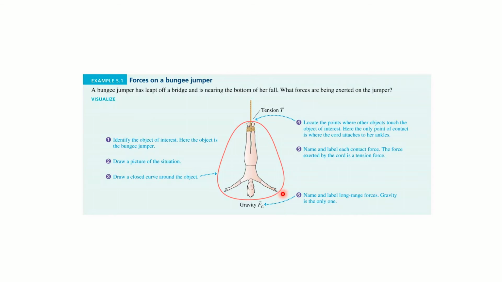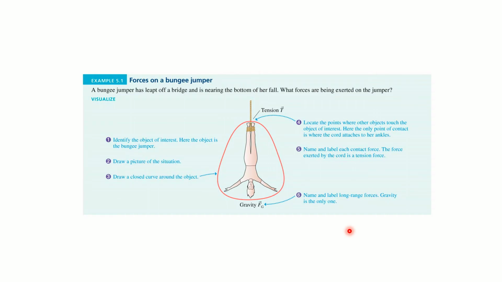So using this technique, we've clearly identified the two forces that are acting on our bungee jumper, and we're very confident that we're not missing any, and we're very confident we haven't included things that aren't relevant, which may seem straightforward, but as situations get more complicated, you'd be amazed at how often this step is the key mistake that gets made, misidentifying forces acting on the object we're concerned with.